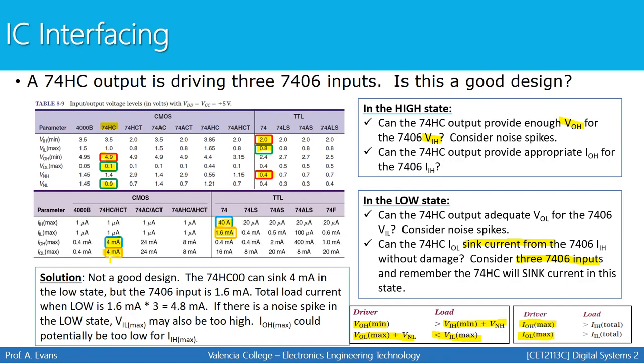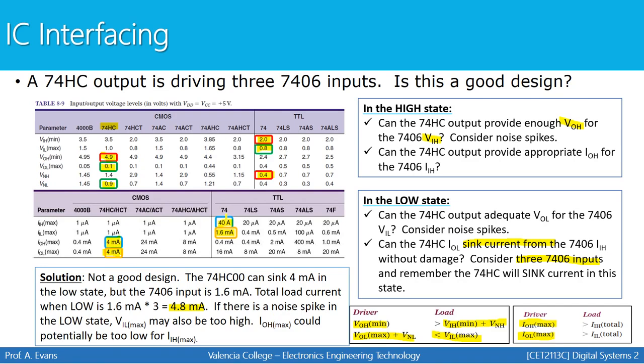So our conclusion is this is not a good design. The 74HC00 can sink 4 milliamps in the low state, but the 7406 inputs are going to sink 1.6 times 3, which is 4.8 milliamps. That's too much. It's going to sink too much current in the low state. If there's a noise spike in the low state, we consider this in green, then our low level input voltage will be too high. We also considered the fact that our high level output current could potentially be too low for the high level input current.